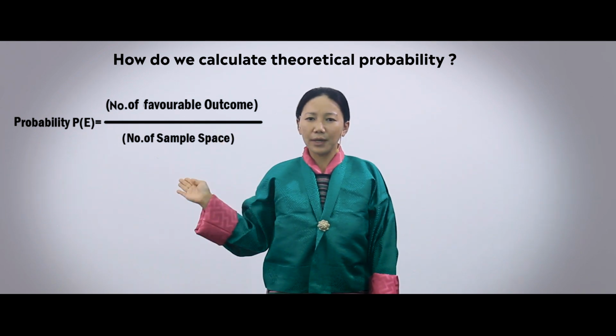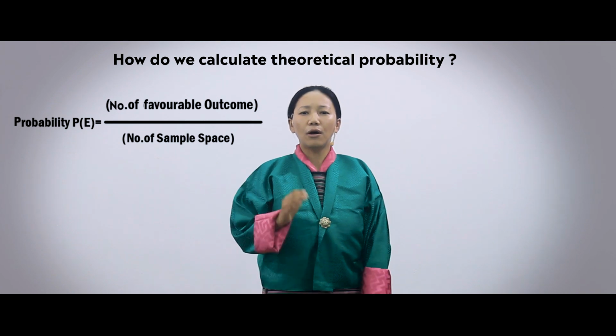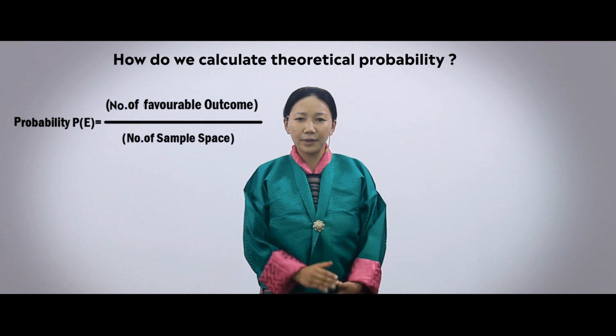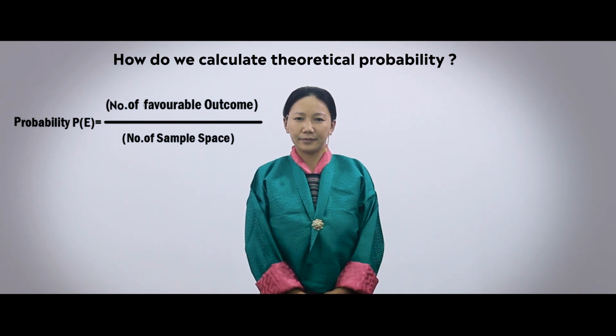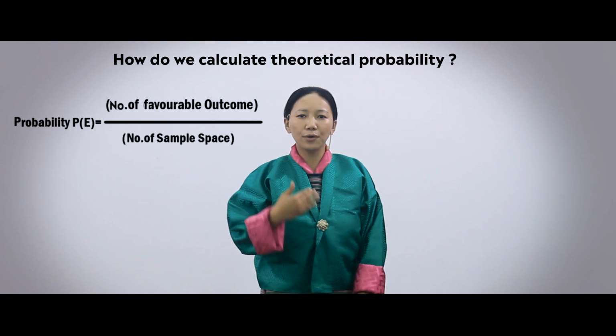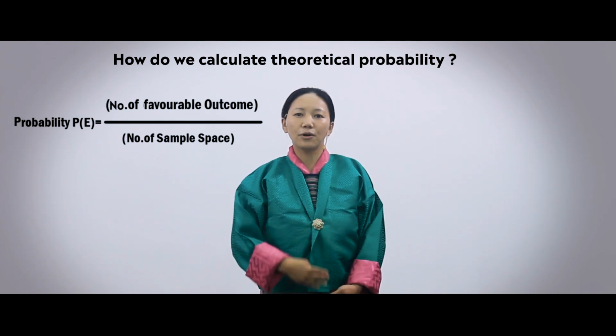Now sample space refers to all the possible outcomes for the given event. So these are some of the basic information that you have already learned in your earlier grades. So the focus today would be on distinguishing independent and dependent events.